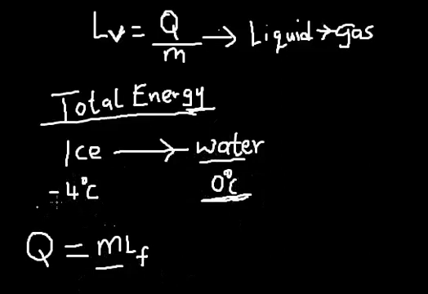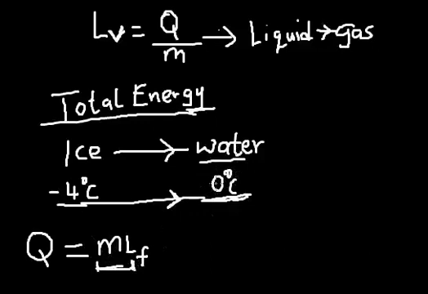First I need to raise the temperature of the ice from -4 degrees Celsius till it gets to 0 degrees Celsius. So that heat is also part of it. I'm only going to use just this latent heat if I was asked to find the energy required to melt ice that is already at 0 degrees Celsius.